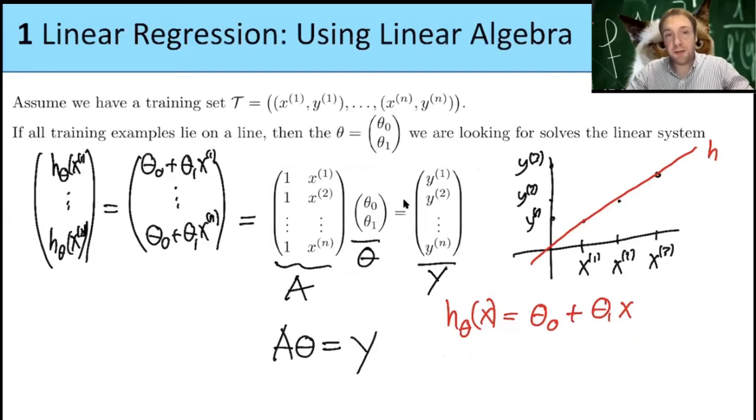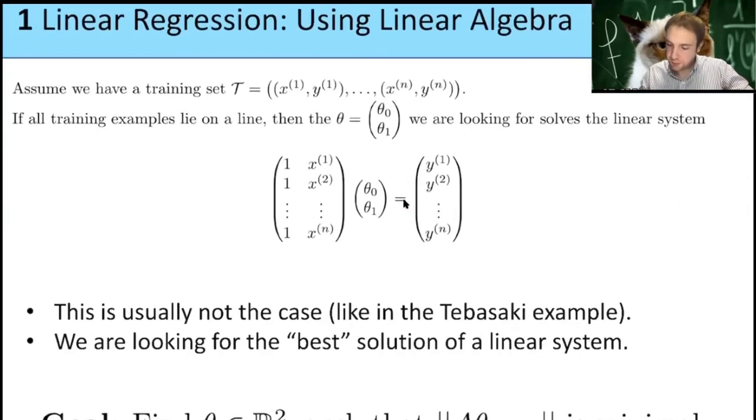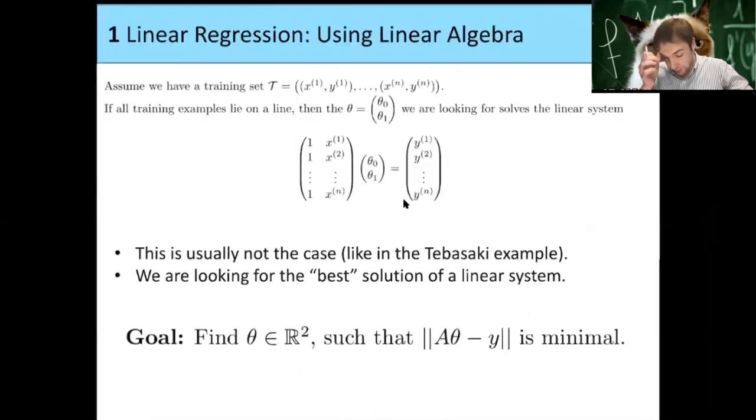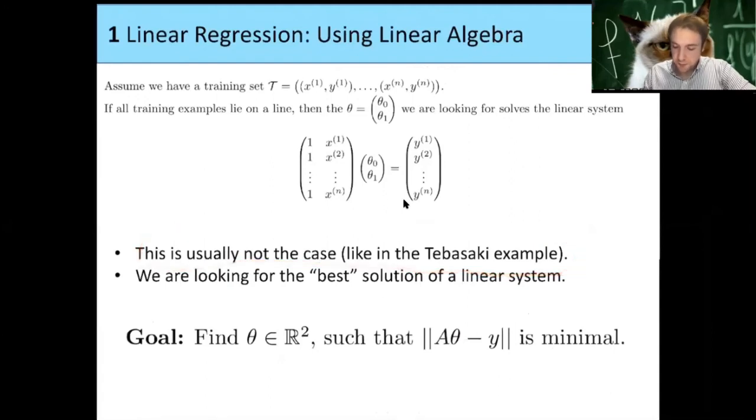But of course, in applications, like in our Tebasaki example, this is not the case. So they do not lie on a line. Of course, usually this is not the case. So like we had before, we have points like this, and they do not lie on a line.